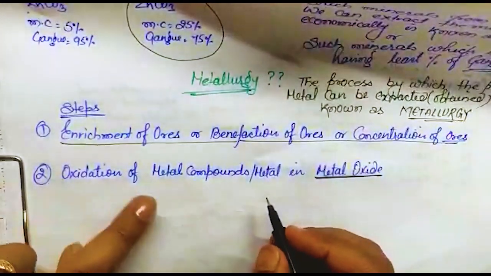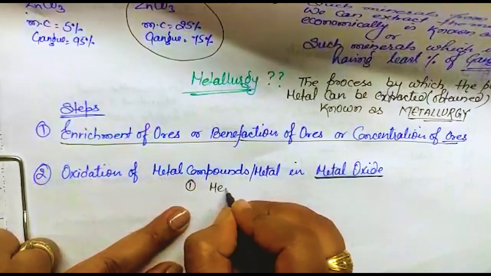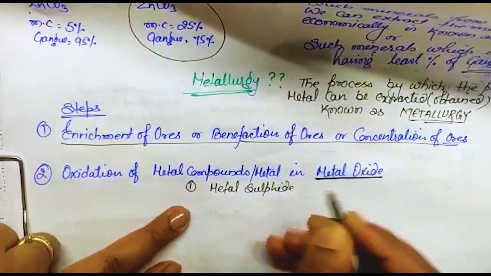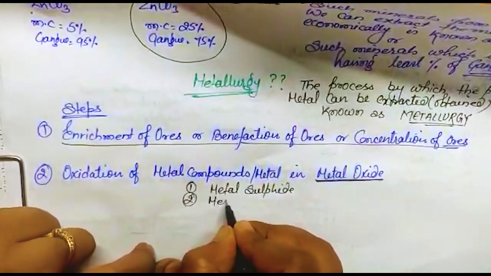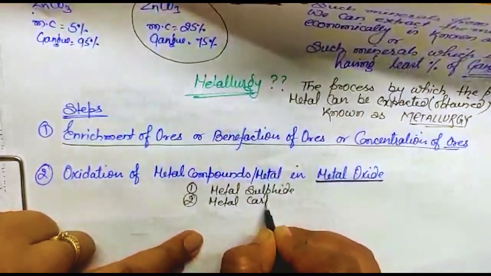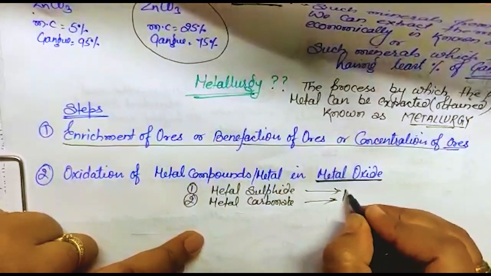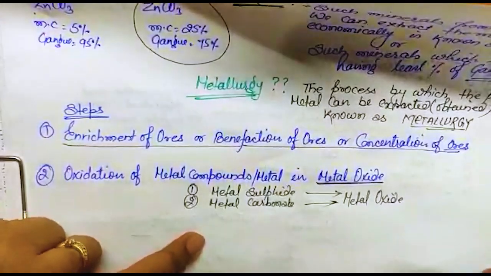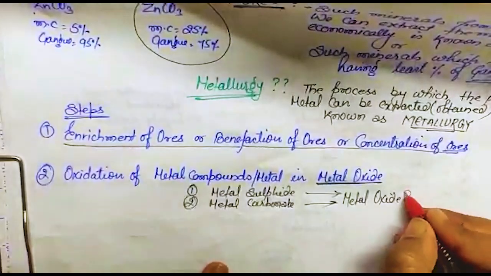Clear? So basically in this topic we have two things. One is metal sulfide, because metal oxide is already oxide, so no need to change. And second is metal carbonate. We have to change both of these into metal oxide. And again the question is, what's the need to convert it into metal oxide?